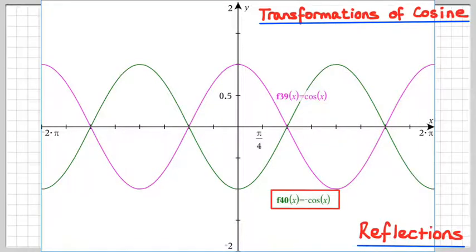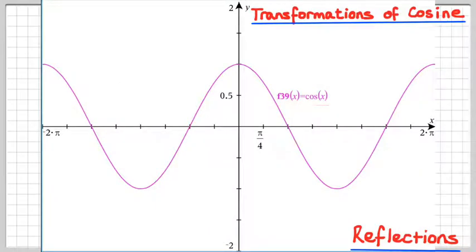This one here is the graph of minus cos x. So everything has been reflected about the x-axis to get a y reflection. This pink line here, which is cos x, that trough point there would become that green hump point there, and so on. Very good.